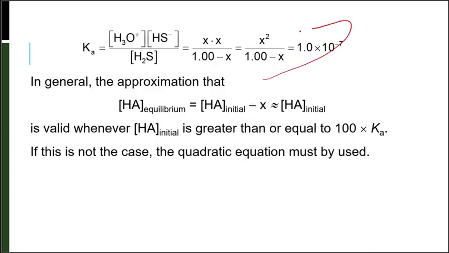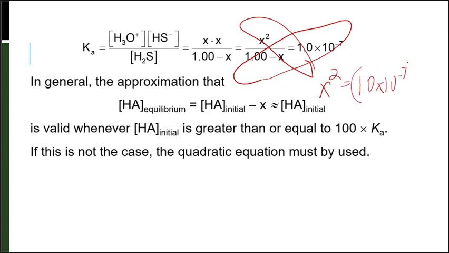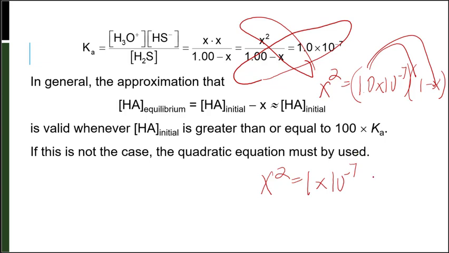Once I set this up and I cross multiply, I would say that x squared is equal to 1.0 times 10 to the negative 7 times 1 minus x. And I could distribute this and say that x squared is equal to 1 times 10 to the negative 7 minus 1 times 10 to the negative 7 x.